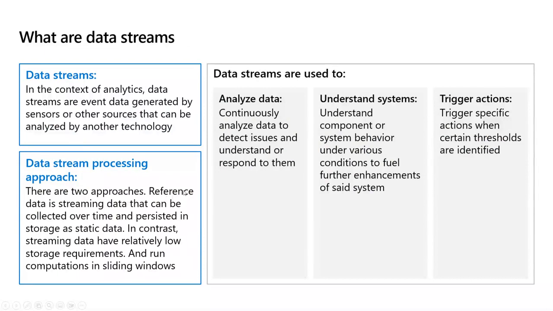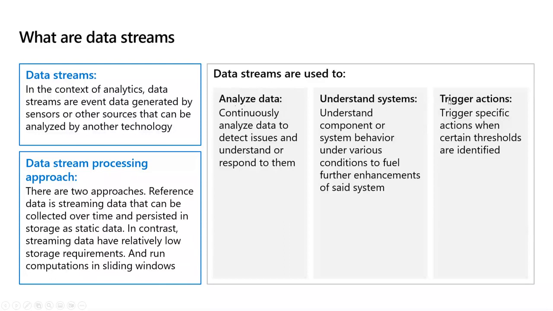You have the reference data, where you collect data over time and it's stored in a static way. In contrast, you have the streaming data. The storage requirements are quite low, and you're gonna use, for instance, sliding windows to visualize them, to work with them. So you're gonna use windowing. They are actually used to analyze data. Those are the use cases here.